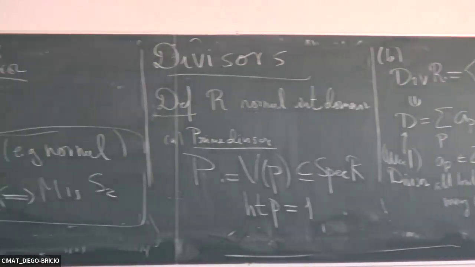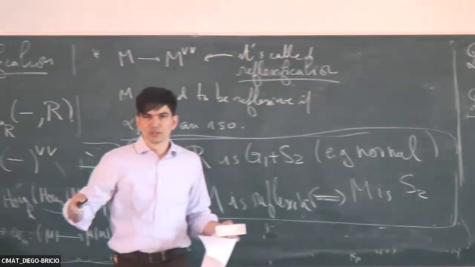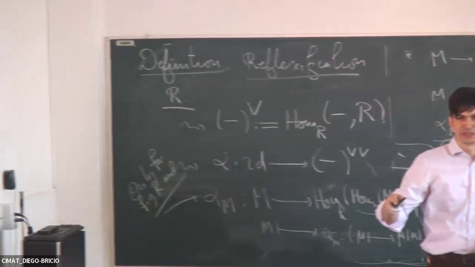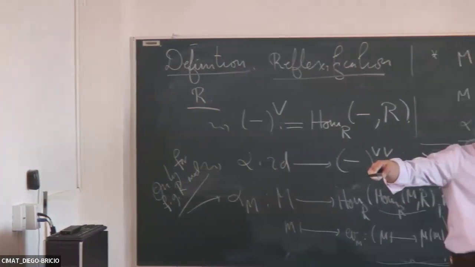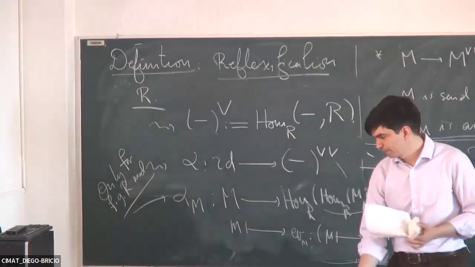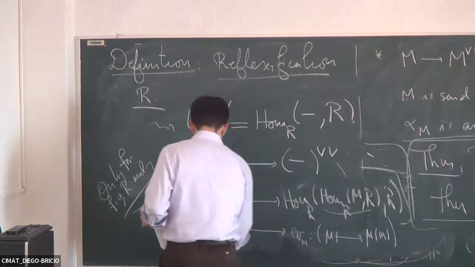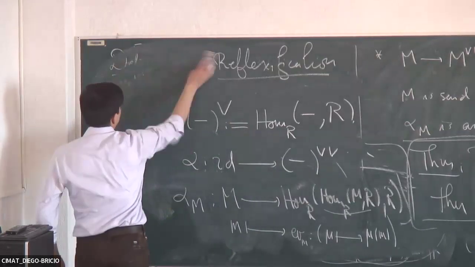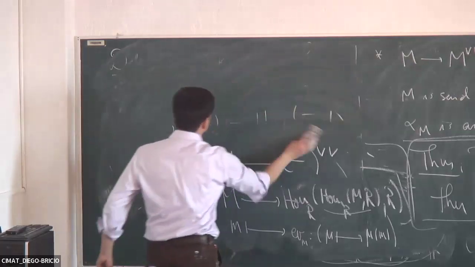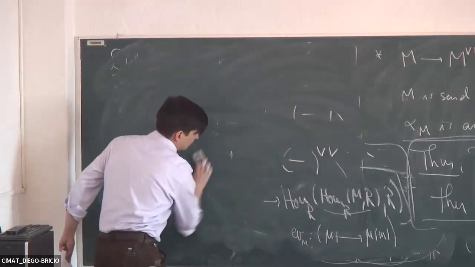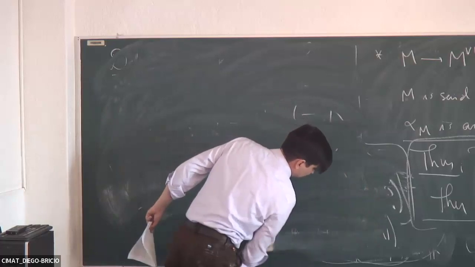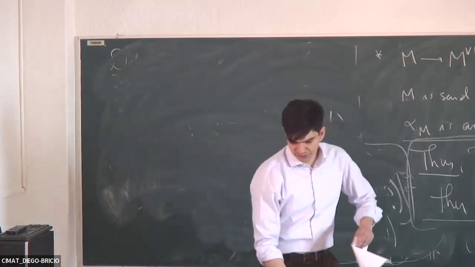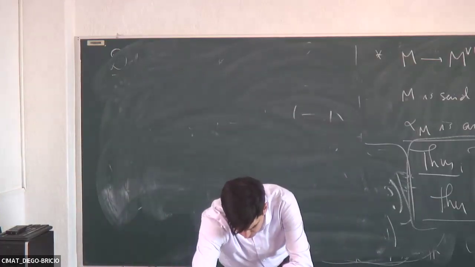Now, we're going to see the first example of recording information in a divisor. Now, this is where we need the R1 hypothesis.